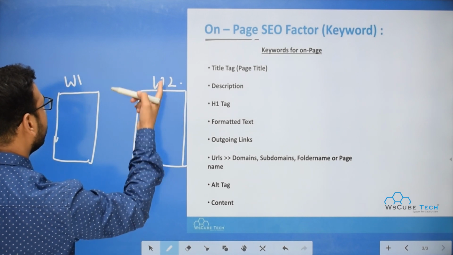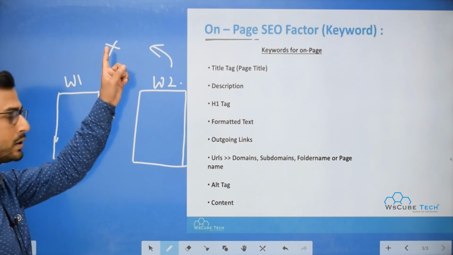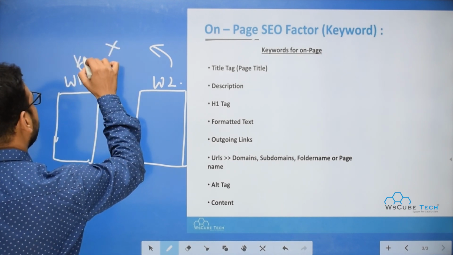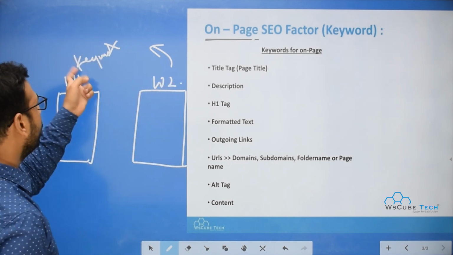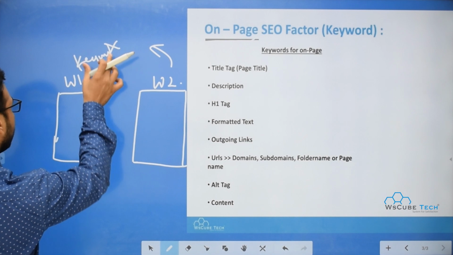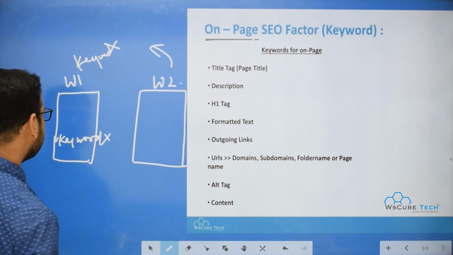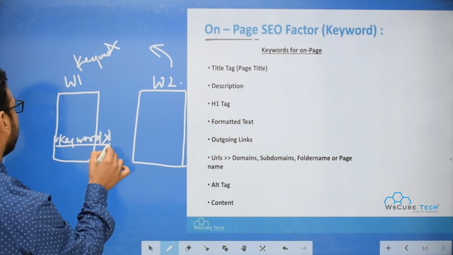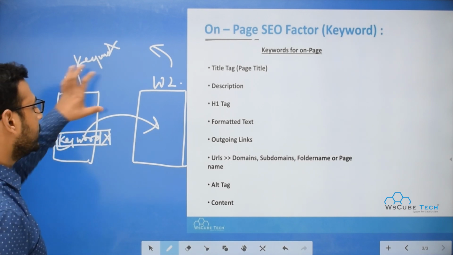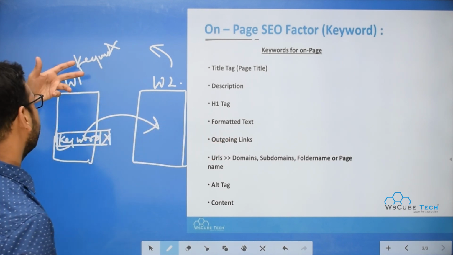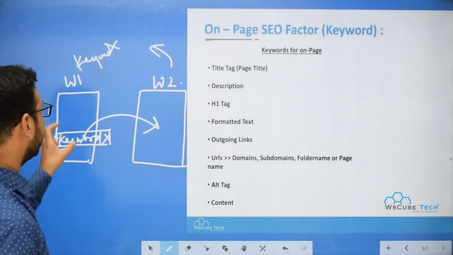You want to rank the W2 web page on a particular keyword, which is keyword X. Then definitely you can use this keyword X as anchor text, so someone coming onto this particular link can click and then move to this page. So this is basically the outgoing link. You can definitely use this kind of keyword placement for outgoing links.